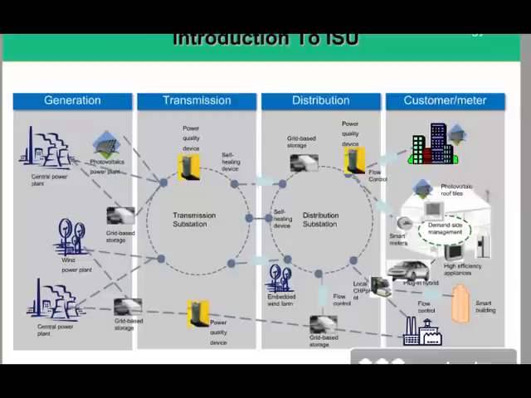Then there is the plug-in hybrid electric car concept, which is coming into the picture. Basically you can charge it from anywhere, and then that charge should be levied to your bill irrespective of where you are located.